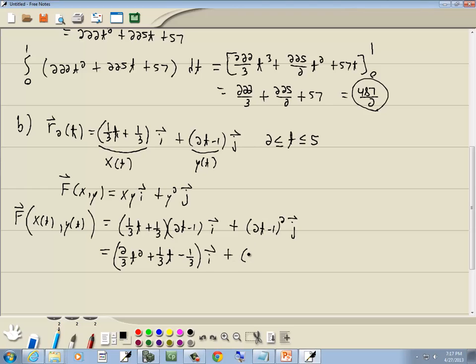And this squared gives us 4t squared minus 4t plus 1 j.